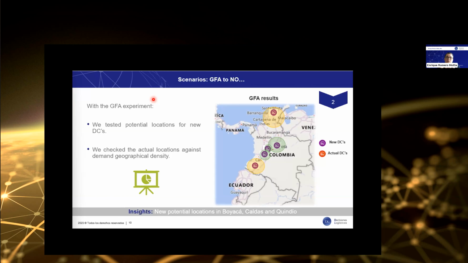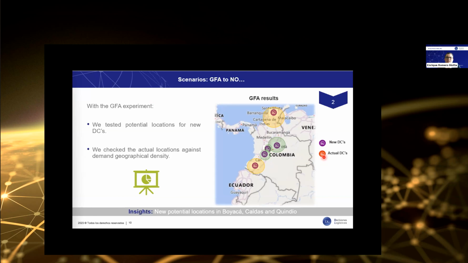Okay. At first, we found 3 new potential centers located in Boyacá, Caldas, and Quindío. Let me highlight that a little bit. These ones are the new ones, and the actual ones are shown with the red label.